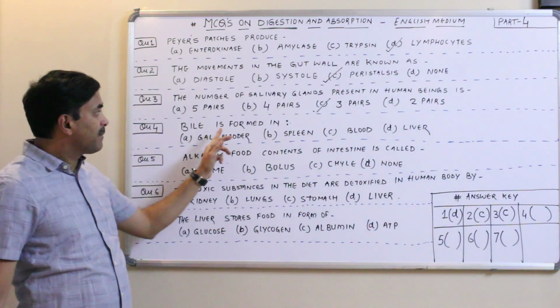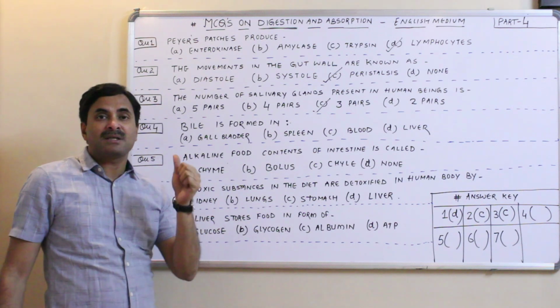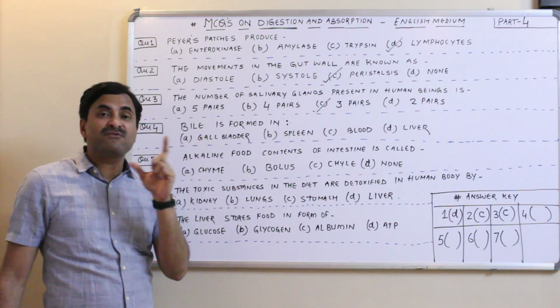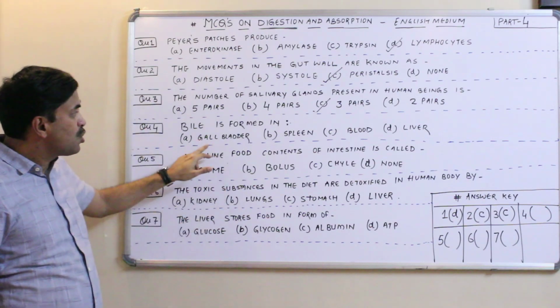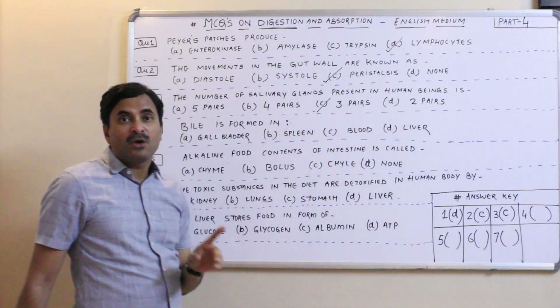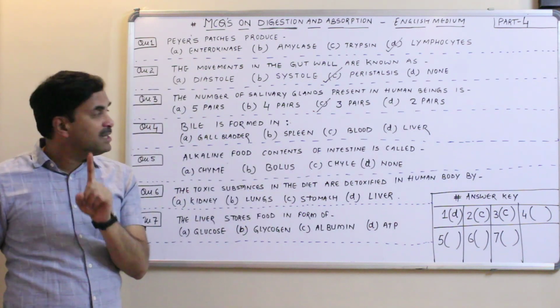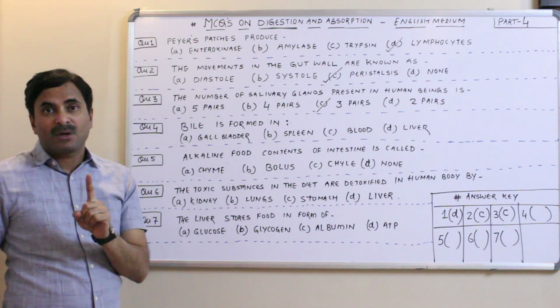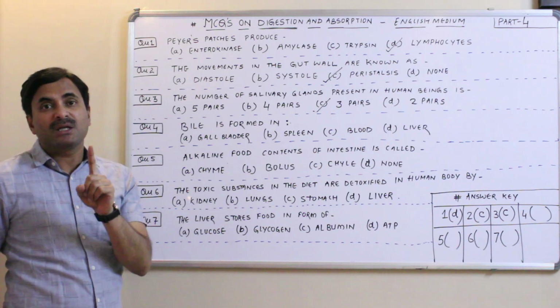Question number 4. Bile is formed in. Means the question is asked here where the bile juice is formed. Okay, gallbladder, spleen, blood and liver. Always remember that bile juice is formed in the liver, but it is stored in the gallbladder.